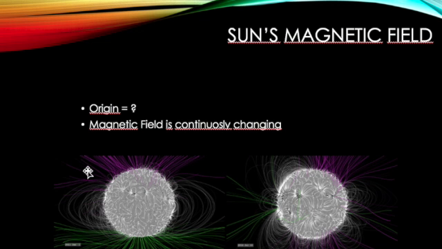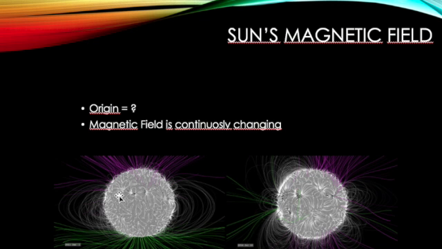But how did we get the shape of the magnetic field? Well, that's because the magnetic field is what guides the motion of the plasma in the Sun. This magnetic field is continuously changing. This first image was actually taken by NASA in 2011, while this second image was taken in 2014.